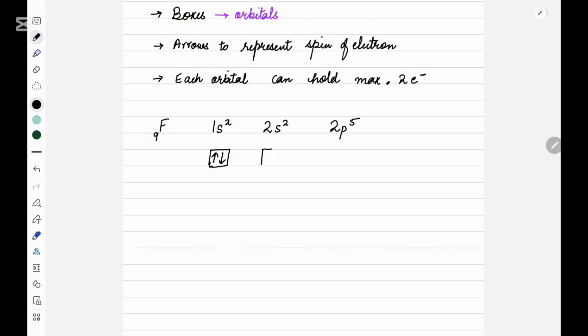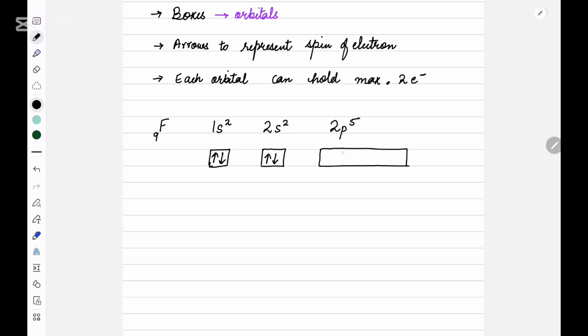For 2s2, in the same way, one arrow goes up and the other arrow goes downwards.